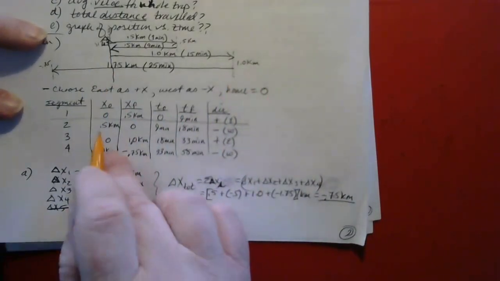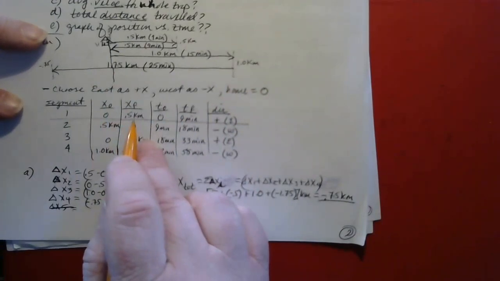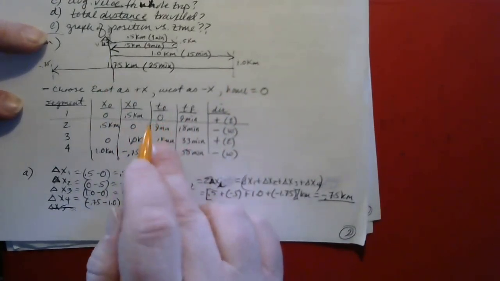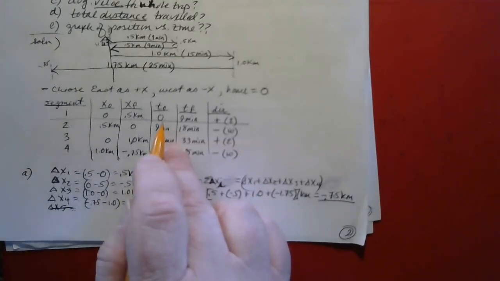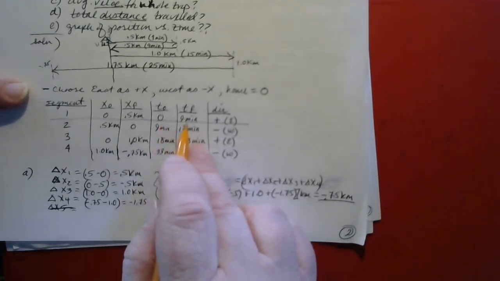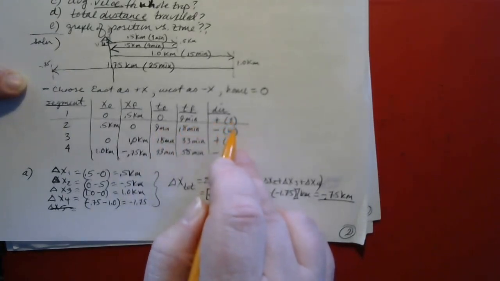So she started at home, so x original would be 0, and x final would be 0.5 kilometers. The time would have started at 0. They didn't really say that, but you could pick a time if you wanted to, but 0 is the easiest, so I'm going to call it 0 time. The final time for that part of the journey would be 9 minutes. And the direction is positive, or east.